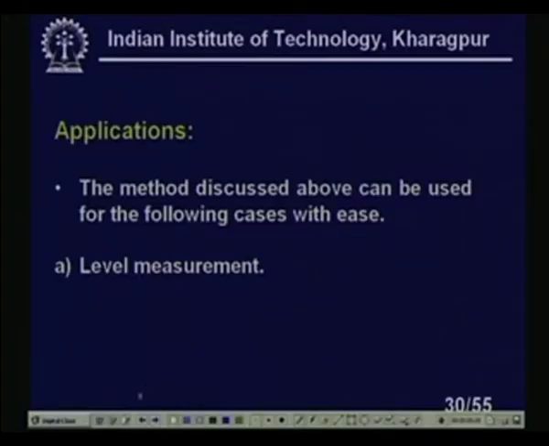So, you will get the measurements, and that pressure can be calibrated in terms of level. But in most cases, the most important thing is that ultrasonic measurement is a very non-invasive type of technique, right. Your sensor does not necessarily have to be in contact with the liquids or any other materials.